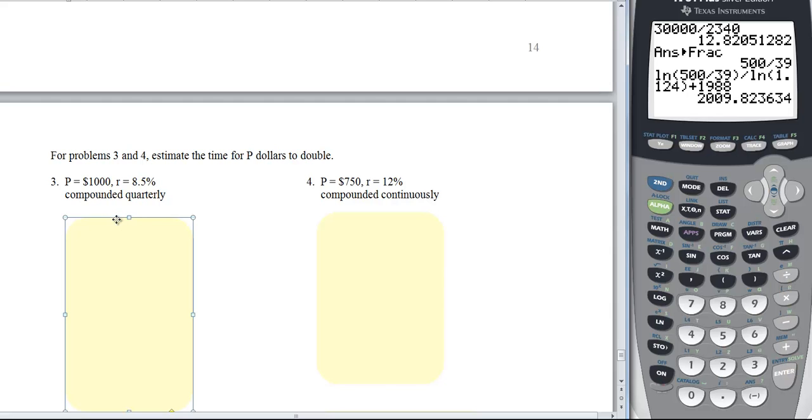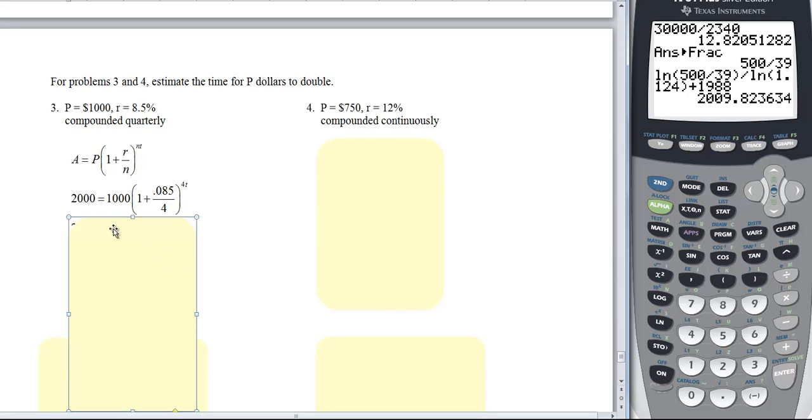So that's my A equals P parentheses 1 plus R over N raised to the NT. So let's plop the stuff in where it needs to go. The 1,000 goes here. Now when it says for it to double, that means this is 2,000. So I've got 0.085. Quarterly, remember, is 4, so I'd have 4 here and here. So they ask us to estimate the time, so the only thing I've got left that I don't know is T.